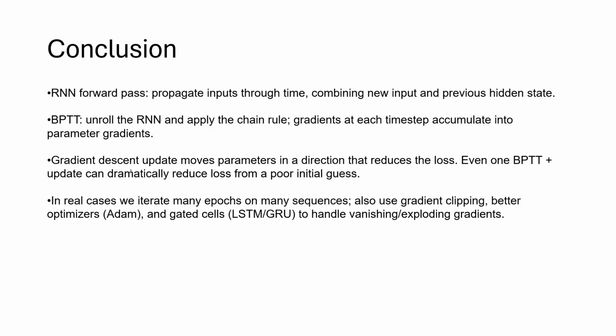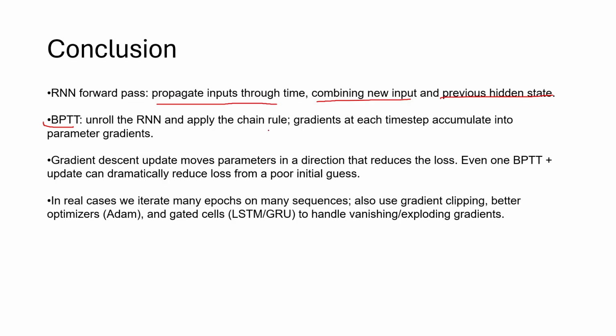The conclusion is that the RNN forward pass propagates input through time. We combine the new input with the previous hidden layer. This is what we call memory. Also, the concept of backpropagation through time, where we unroll the recurrent neural network and we apply the chain rule.